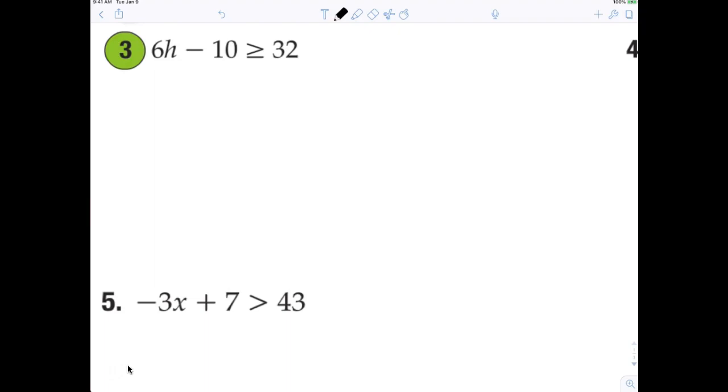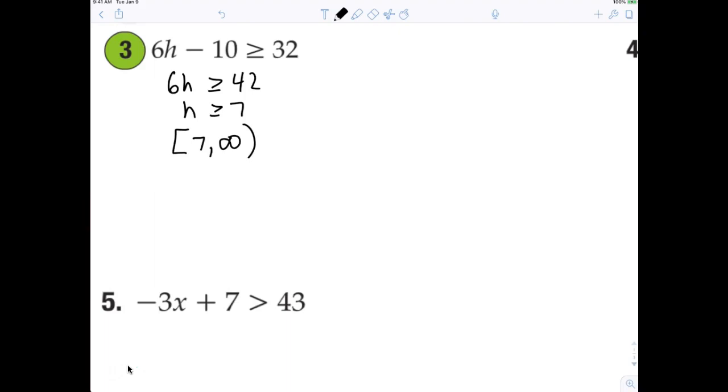You can just write 6h is greater than or equal to 42. Now, how do I get rid of the multiplication? Division. So you should be able to say h is greater than or equal to 7. Somebody agreeing with me? And so now if we write it in interval notation, we start at 7 and head to infinity.